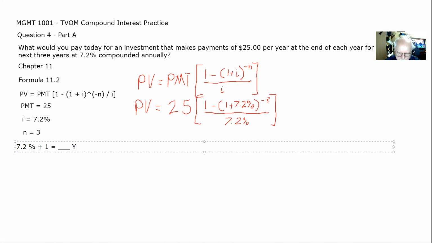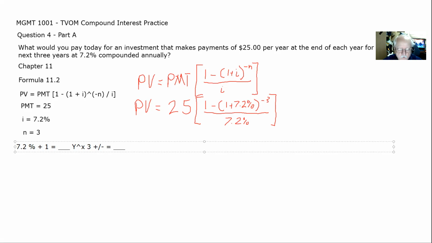And then we're going to go y to the x, 3, but the 3 has to be negative, so we're going to have to hit the plus minus key. And then equals, and we can see what that is, but we don't take it out of the calculator.